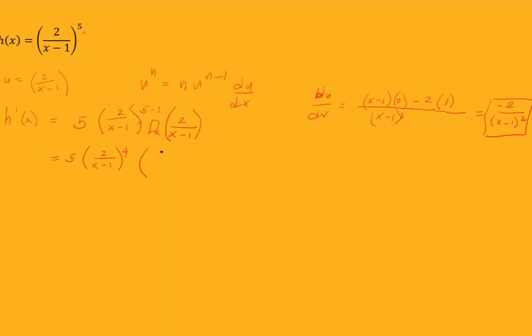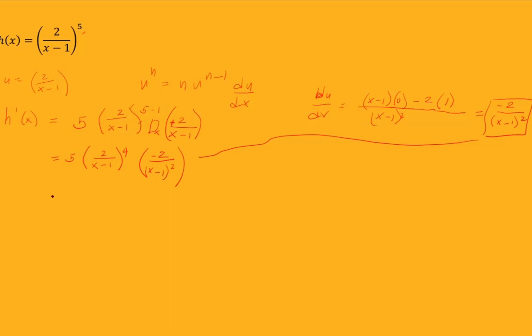Then the derivative of your u is negative 2 over x minus 1 squared. This one is still positive since we don't have the derivative yet. So here, this one, you copy: negative 2 over x minus 1 squared. So this is now the final answer.